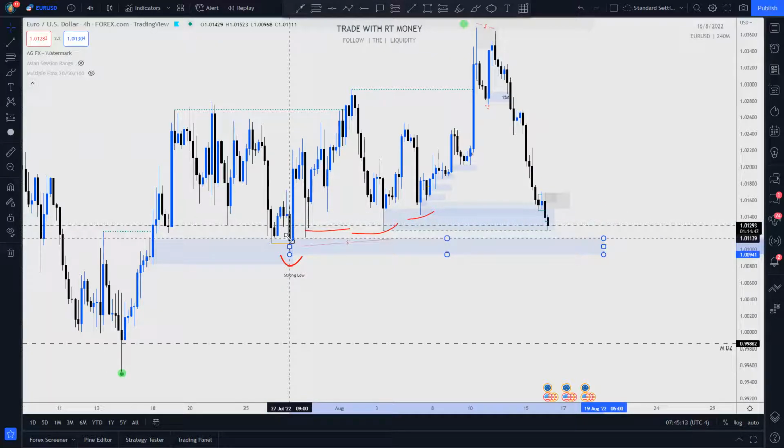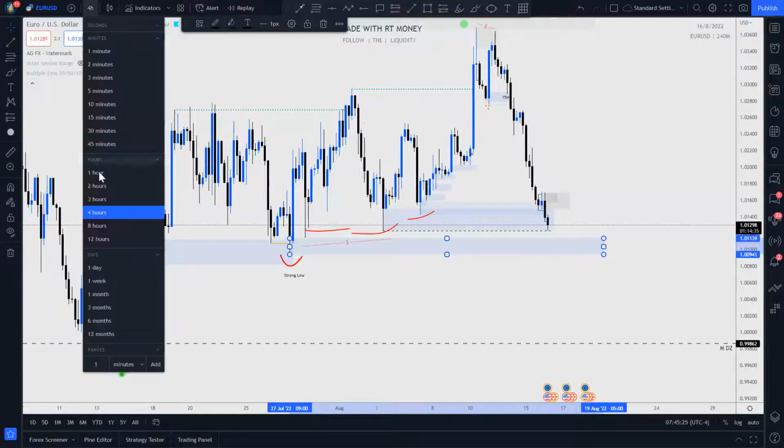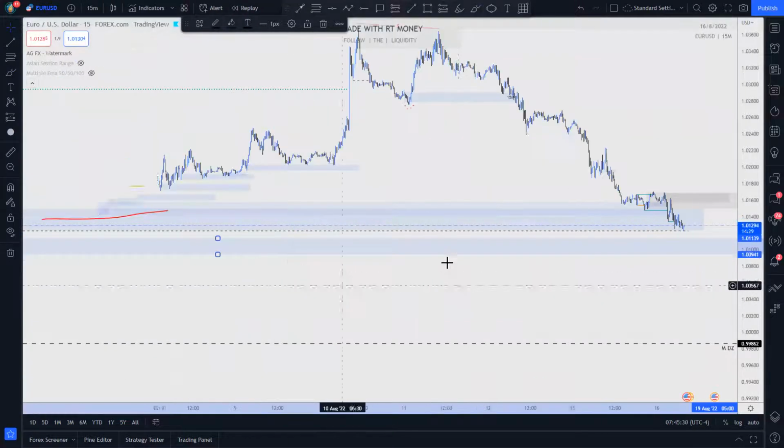So I am definitely looking for price to either turn here at the extreme of this 4-hour demand, but I understand that there is another demand zone lower that is pretty strong.